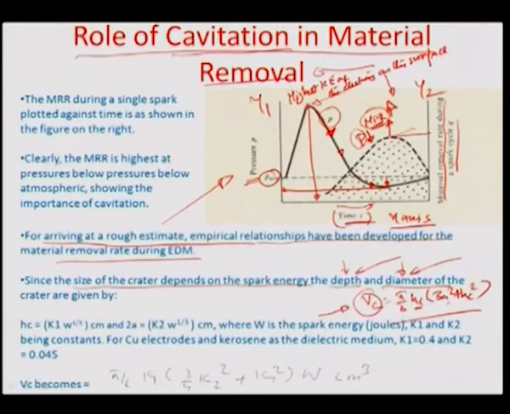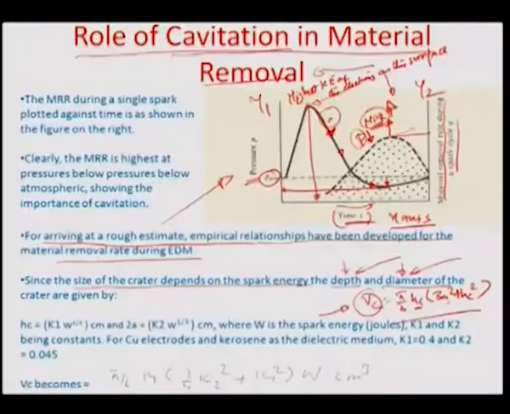Empirically it has been found that Hc, the crater depth, and the crater radius a depend on the spark energy. If W is the spark energy in joules, Hc, the depth of the crater, varies as W to the power of 1 by 3. It is the cube root of W with which Hc is proportional.